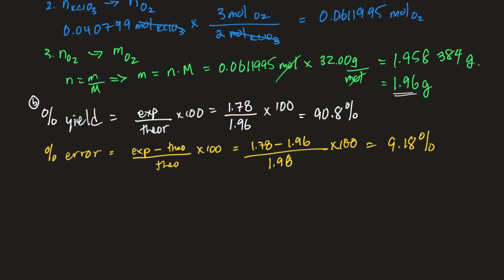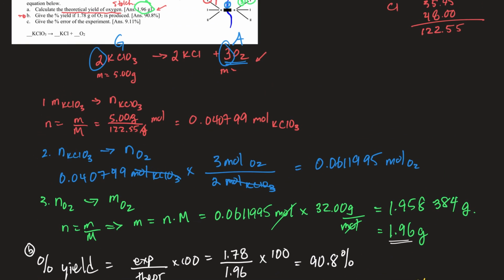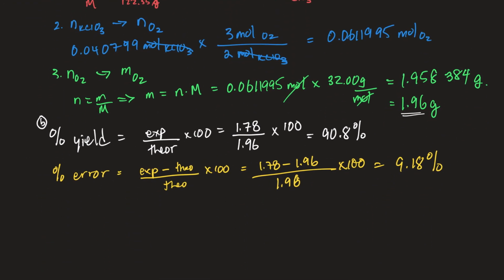Not a huge error. Let me just check to see if that's right. 9.11 I got. Maybe I typed something in wrong. Anyway, hopefully that helps you with that question. And you might have been confused about the theoretical yield, and what do you do with that?